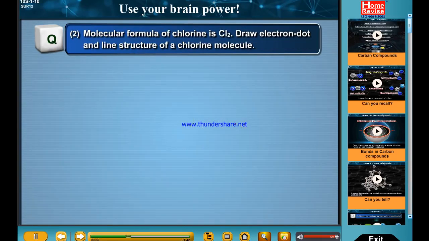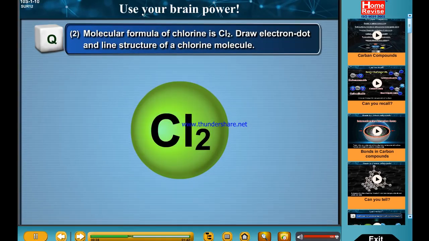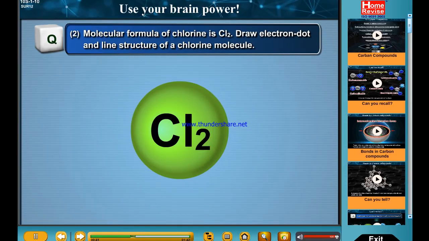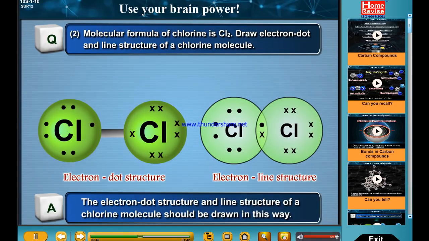2. Molecular formula of chlorine is Cl2. Draw electron dot and line structure of a chlorine molecule. The electron dot structure and line structure of a chlorine molecule should be drawn in this way. 3.